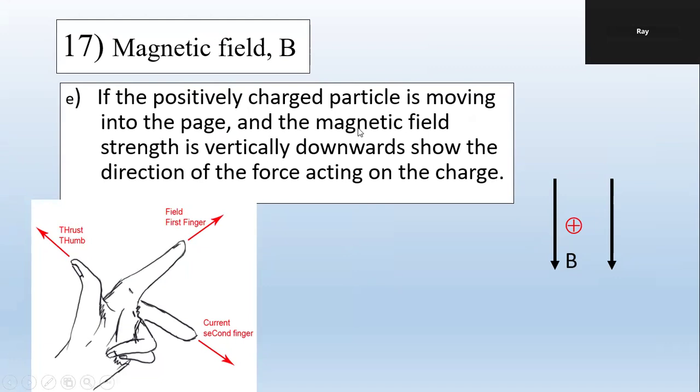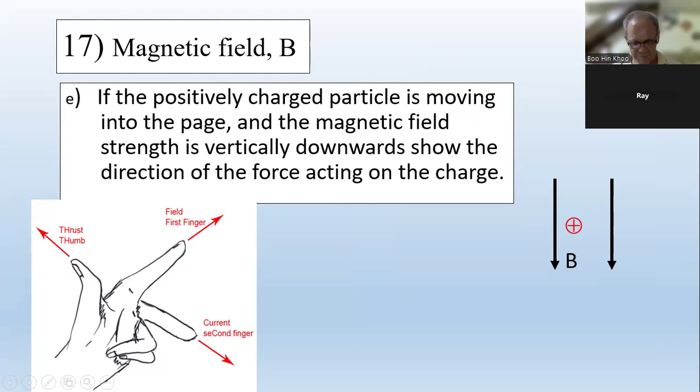If the positive charged particle is moving into the page and the magnetic field strength is vertically downwards, show the direction of the force acting on the charge. This one is a bit harder to adjust.